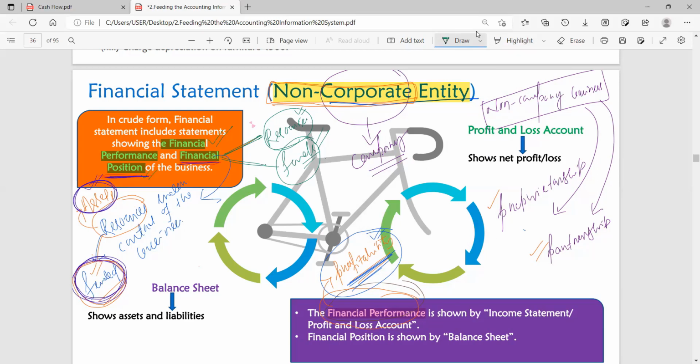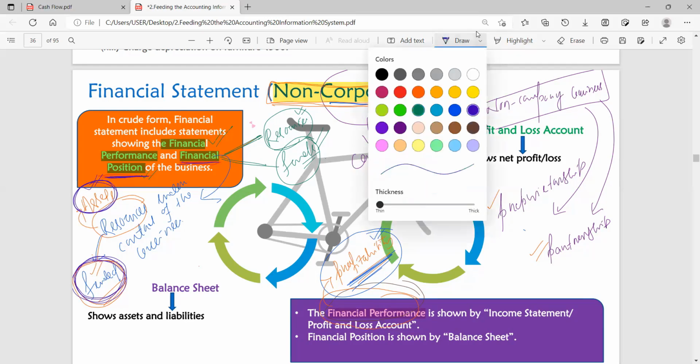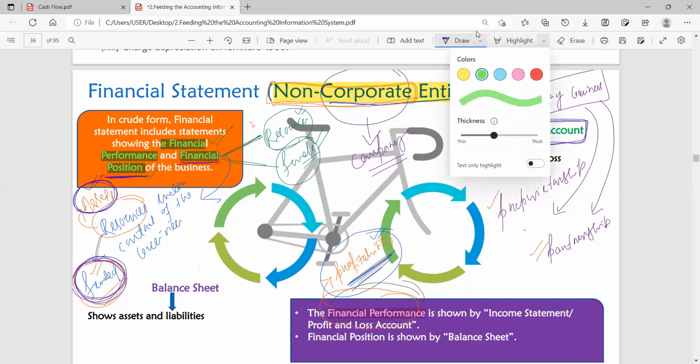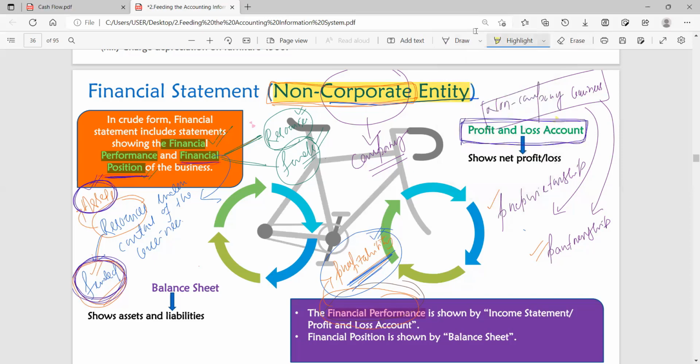And in accounting, these two statements are technically called, one, the statement of profit and loss, or profit and loss account in certain cases. Generally in smaller businesses it is called the profit and loss account, because it is in the format of an account; a ledger account is prepared.